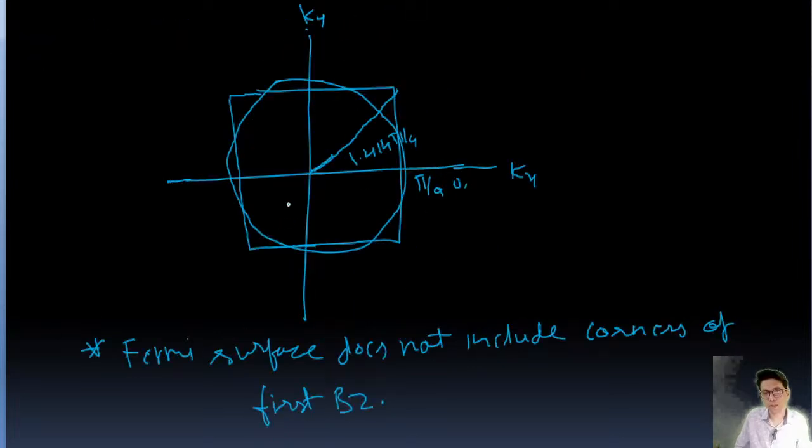So in the case of a divalent metal, the Fermi surface does not include the corners of the first Brillouin zone. Okay, this is the one.